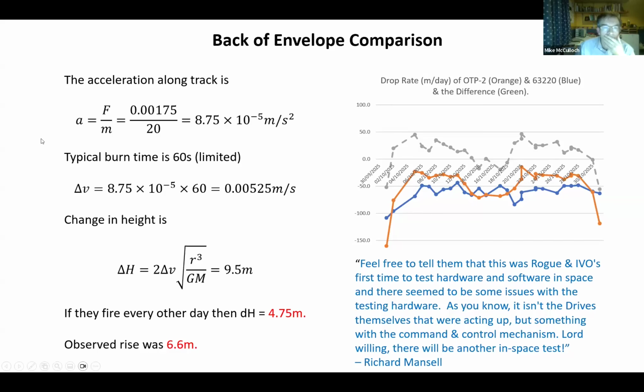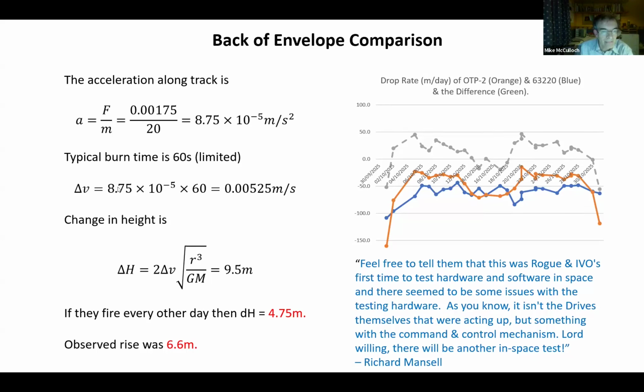And you can work out, so I have to be careful because they did have a problem with the hardware and software on the satellite that meant that their burn time was limited. They weren't able to thrust as much as they wanted to. So what I've tried to do here is estimate how much they did actually manage to burn the engine or the quantum drive.